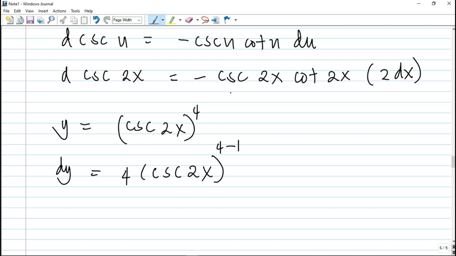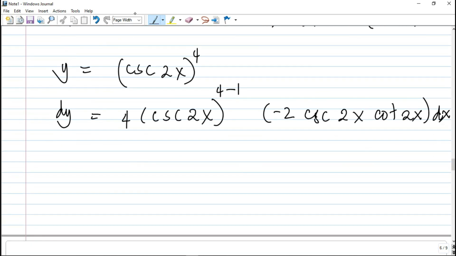So, chain rule tayo. So, yung derivative ng inside function, cosecant 2x is, eto na siya. Negative 2 times cosecant 2x cotangent 2x. We have here dx. Okay, so ito yung derivative niya. Then, we just simplify this. Okay?